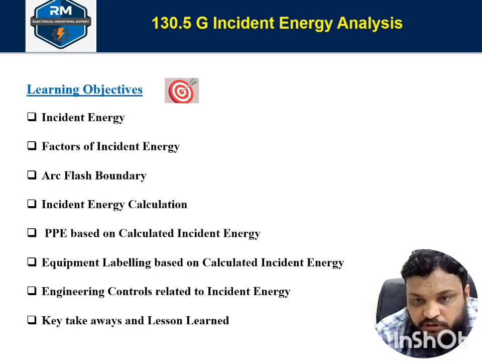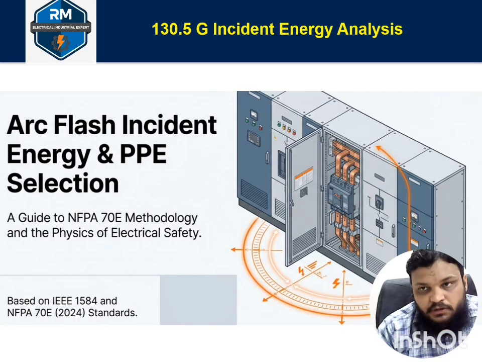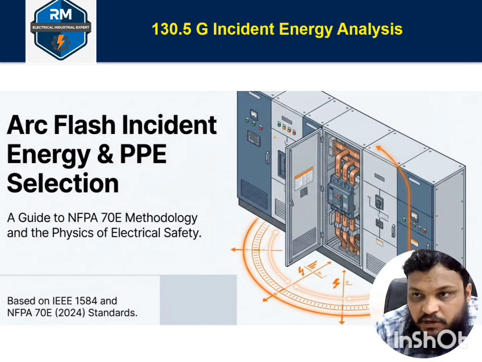Then we are going to develop and design the equipment labeling based on incident energy. And then in the last, we are going to discuss the engineering controls and their impacts on incident energy and how we are going to reduce the incident energy by using engineering controls. And then in the last, we will summarize the key takeaways and the lessons learned in our session. So let's start incident energy analysis.